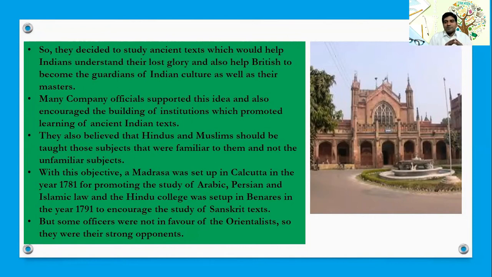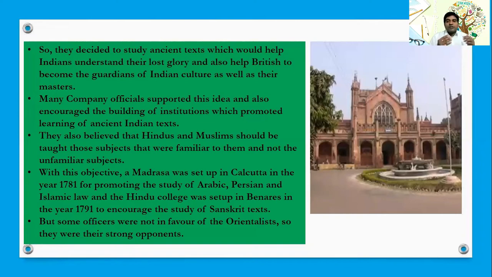With this objective, a madrasa was set up in Calcutta in the year 1781 for promoting the study of Arabic, Persian, and Islamic law. And the Hindu College was set up in Benares in the year 1791 to encourage the study of Sanskrit texts.